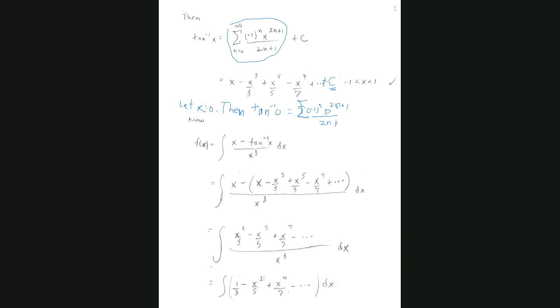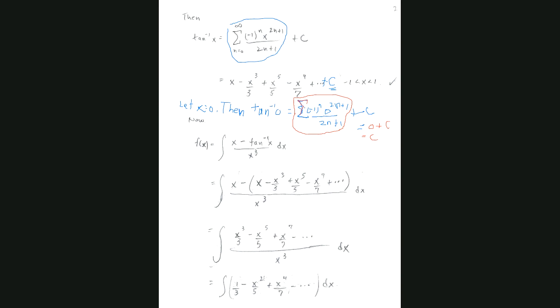What's that going to equal? So if you put the 0 in for x, what's the summation going to equal? It's going to equal 0. So you get 0. Thank you, Josiah. Good. You get 0 plus c, which equals c.